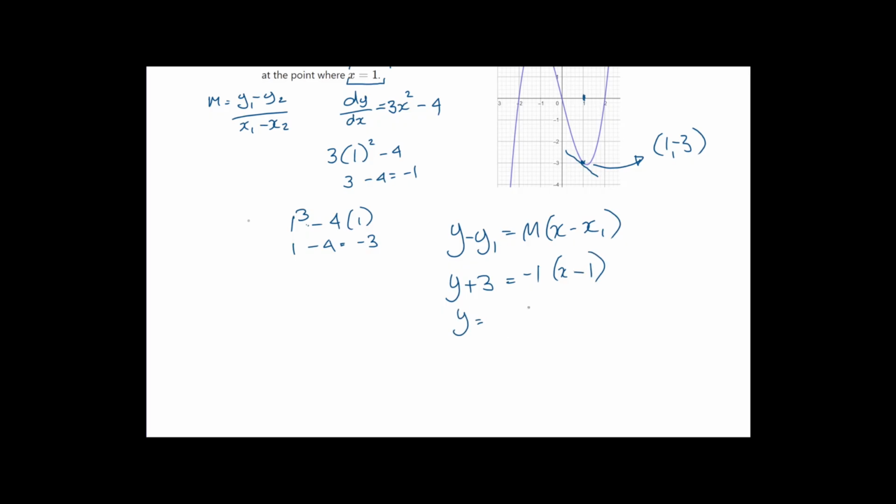So y equals, I'm going to bring that 3 over, negative 1x plus 1 minus 3. So the equation of the line that goes tangent at that point is going to be y equals minus x minus 2.